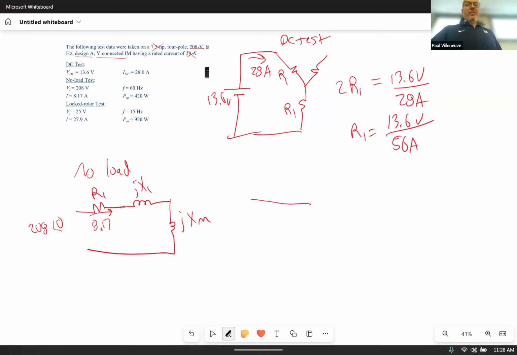Yeah, I've got to do my power triangle, right? Here is 420 watts. And here is, oh, sorry about that, 8.17 times 208 volts, correct? Is that correct? One yes. Anybody else say yes?